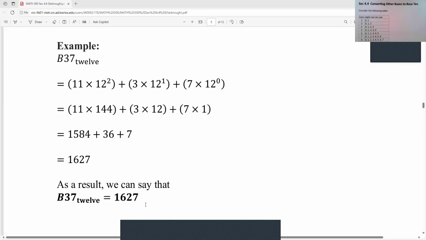So notice I didn't write a base right here. Remember, we said earlier, when you don't write a subscript, it's assumed to be base 10. It's assumed to be our normal base 10 Hindu Arabic number system.